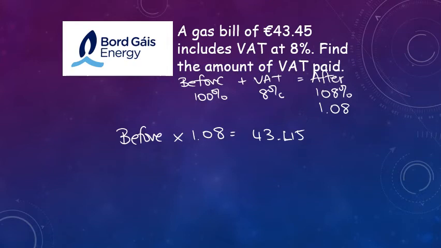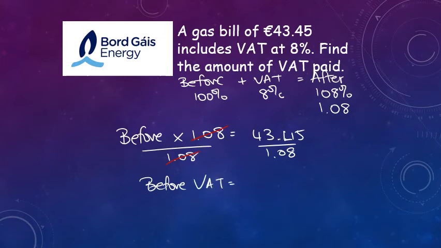So to work this out, divide by 1.08 and you're going to be left with the price before VAT as 40.23. Okay. Now that's our price before VAT, but it says specifically find the amount of VAT paid.